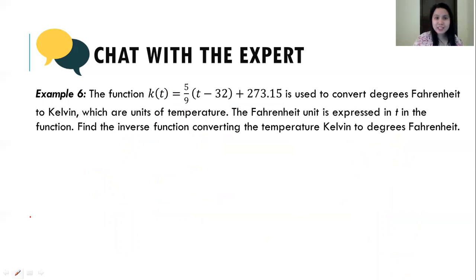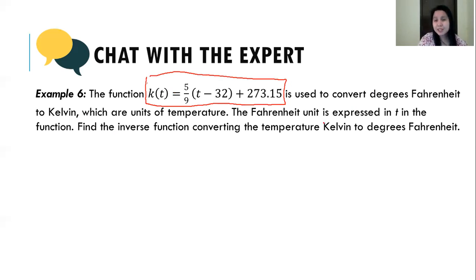The function k of t equals 5/9 times t minus 32 plus 273.15 is used to convert degrees Fahrenheit to Kelvin, which are units of temperature. Remember, when we measure temperature, it can be through degrees Fahrenheit, degrees Celsius, or through Kelvin.